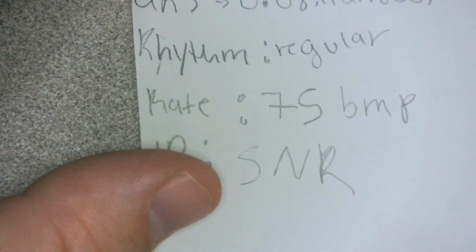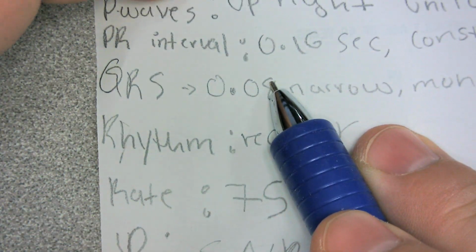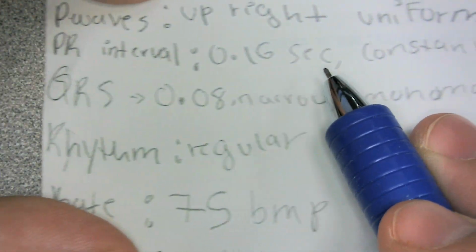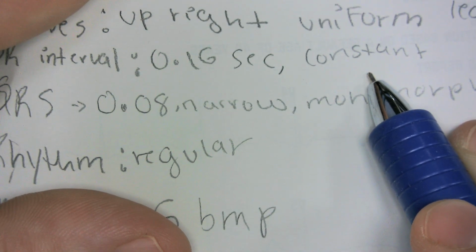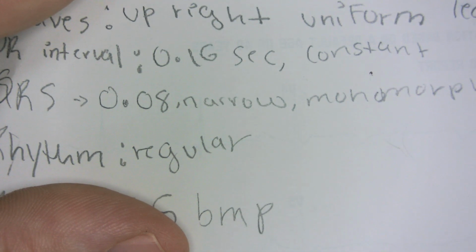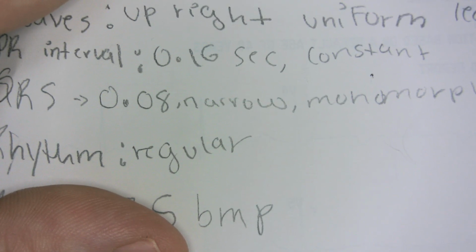All right, so what we got is the PR interval is 0.16 seconds and is constant, right? They're not looking for anything amazing or crazy. They want to make sure that you're not getting longer, drop, Wenckebach. That's literally what they're looking for. Outside of that, we can deal with a fair amount of variation before we get upset.